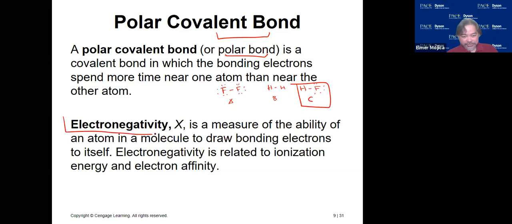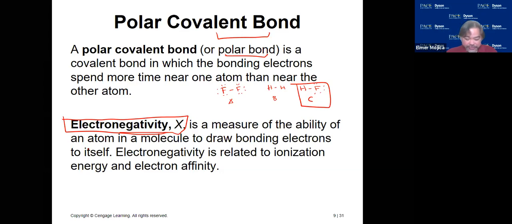Now, how do we know this is a polar covalent bond? You have to know the concept of electronegativity, and you can relate electronegativity to the size of the atom. The definition of electronegativity is a measure of the ability of an atom in a molecule to draw bonding electrons to itself, to attract toward itself the electrons in a chemical bond.